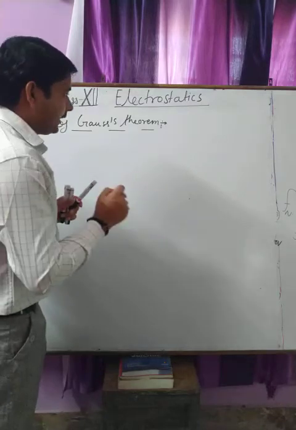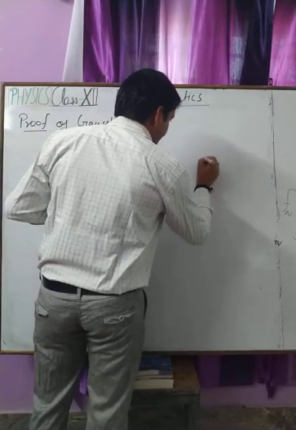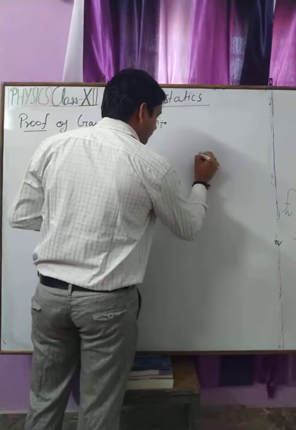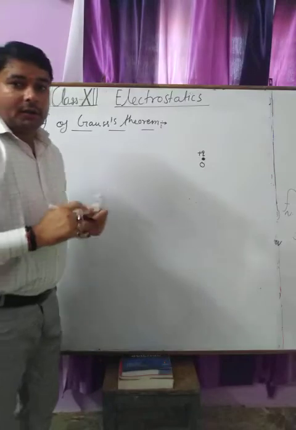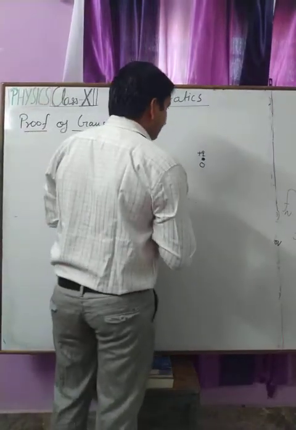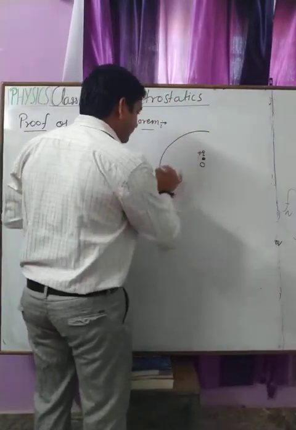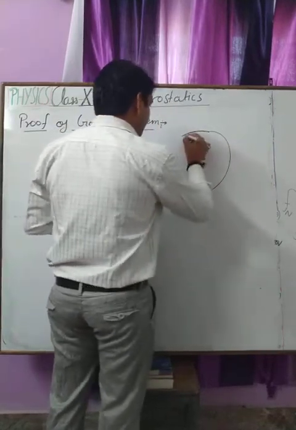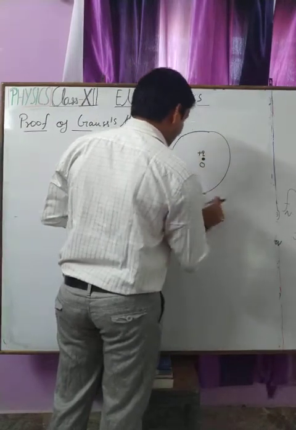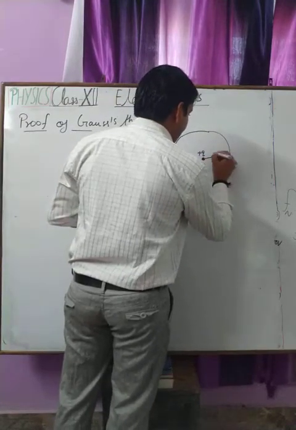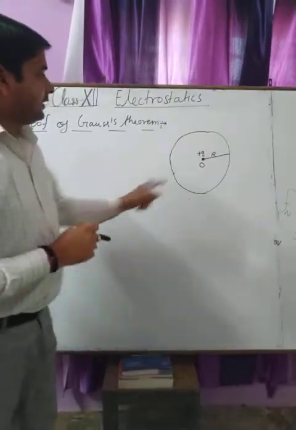For this proof, we are taking an isolated point charge plus Q, which is placed at the center, at point O. In the first step, we have to imagine a Gaussian surface of radius r around this point O. This is a spherical Gaussian surface whose radius is r.